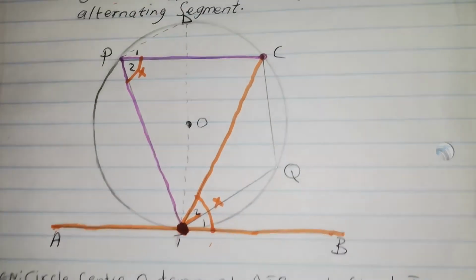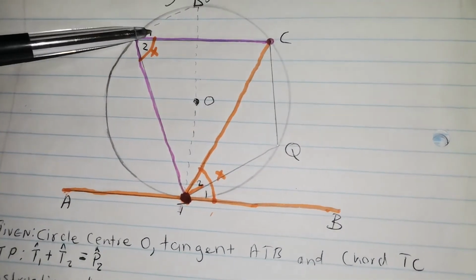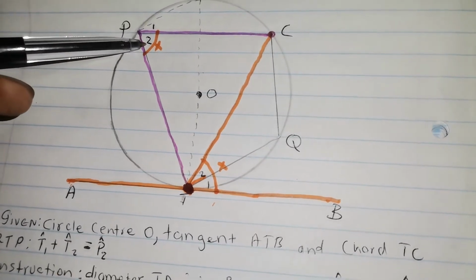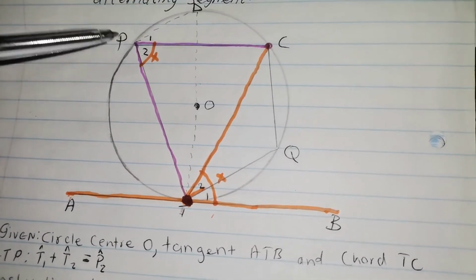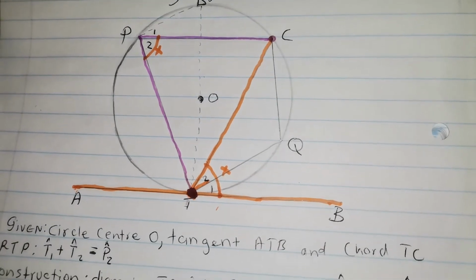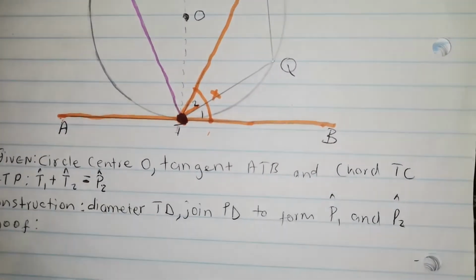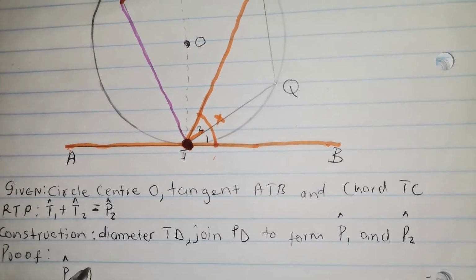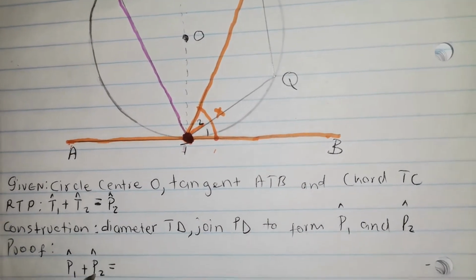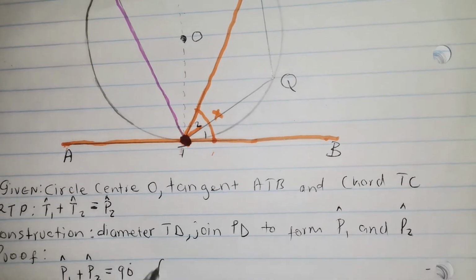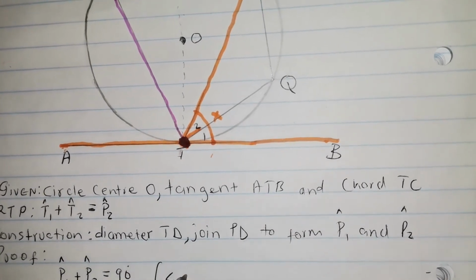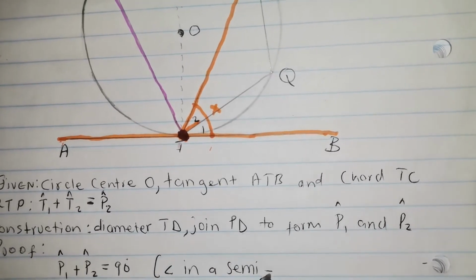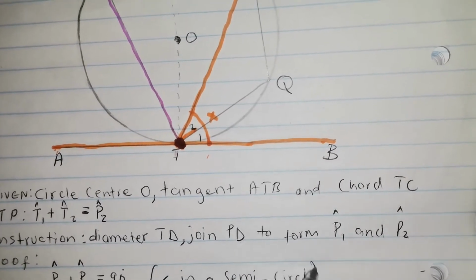From the diagram, you can see that P1 plus P2 is equal to 90 degrees. Reason? Angle in a semicircle. That angle P is in a semicircle.